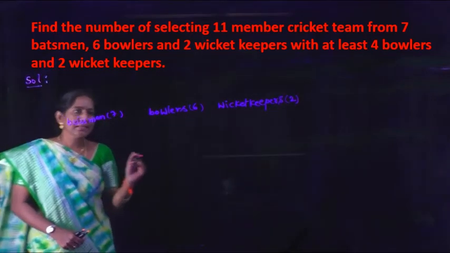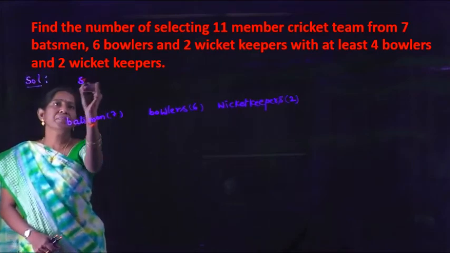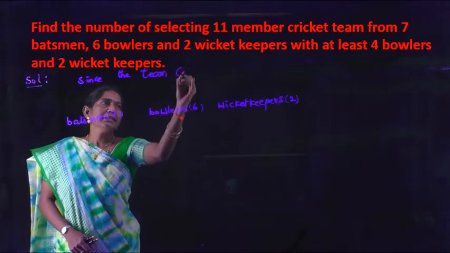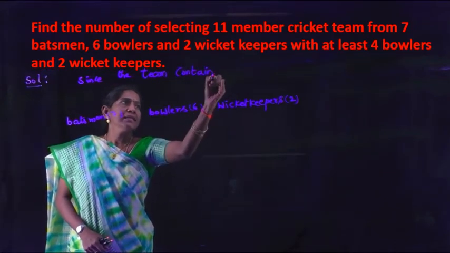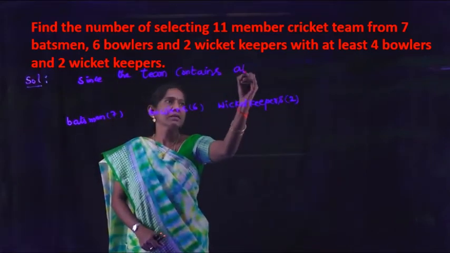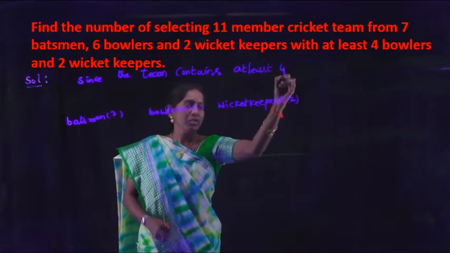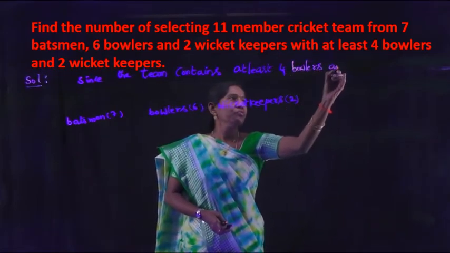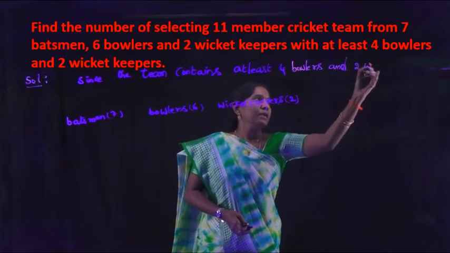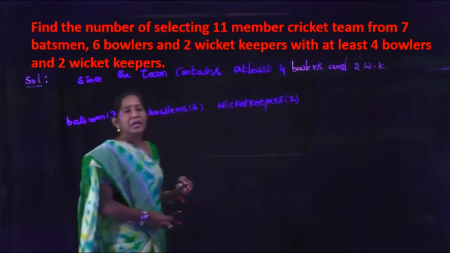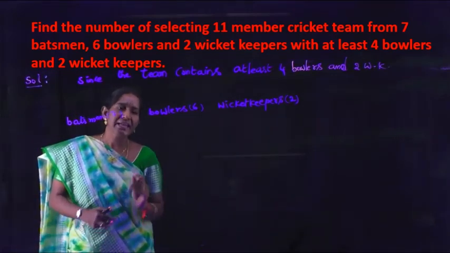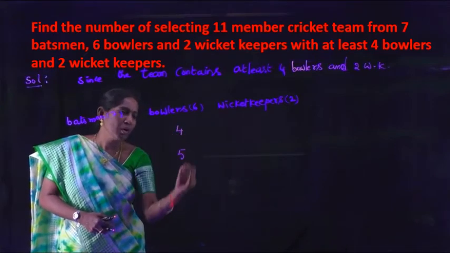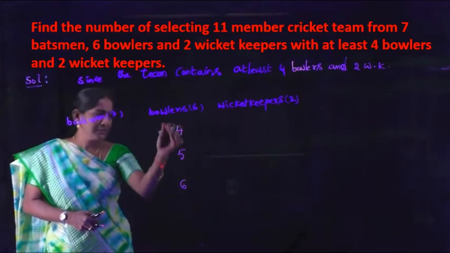Since the team contains at least 4 bowlers and 2 wicket keepers, then we have to select at least 4 bowlers, which means we can take 4 or 5 or 6, in 3 ways.